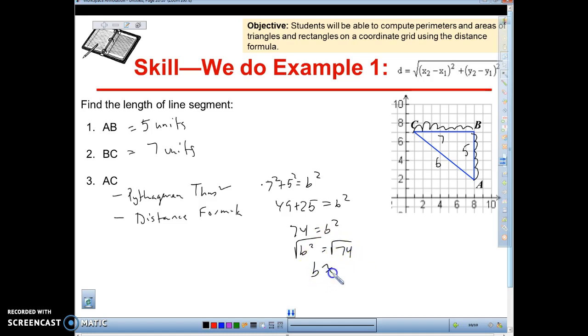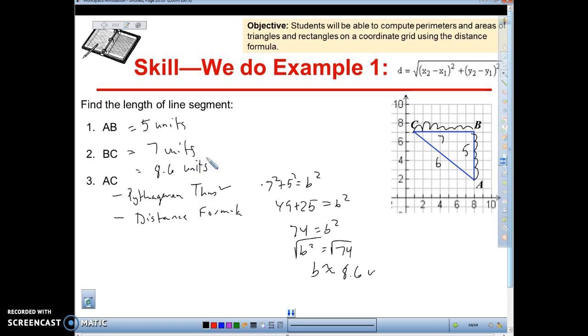And this makes b approximately, if we punch this into our calculator, 8.6 units. So we get 8.6 units.